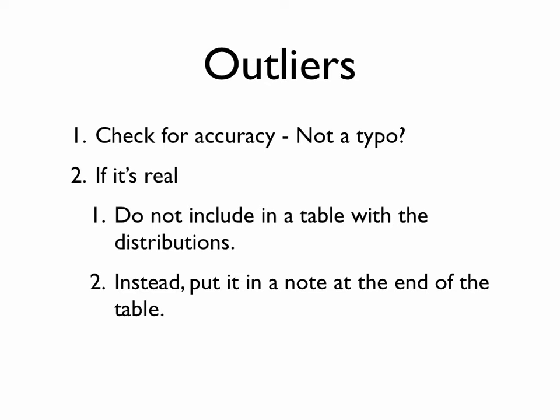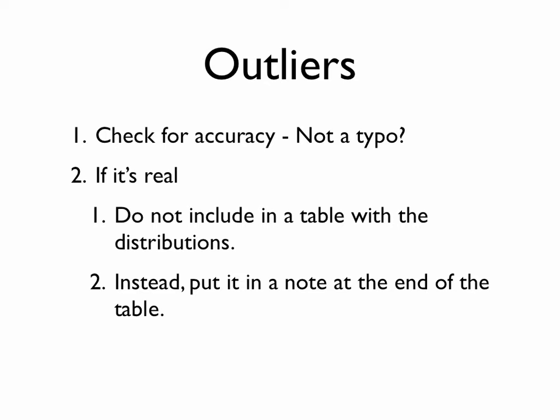The reason why we're going to do that, let me give you a little bit more information. If you did include an outlier in your tables, it would make the table look really weird, right? You'd end up with tons of empty cells, with a frequency of 0 between the outlier and the rest of the data set.